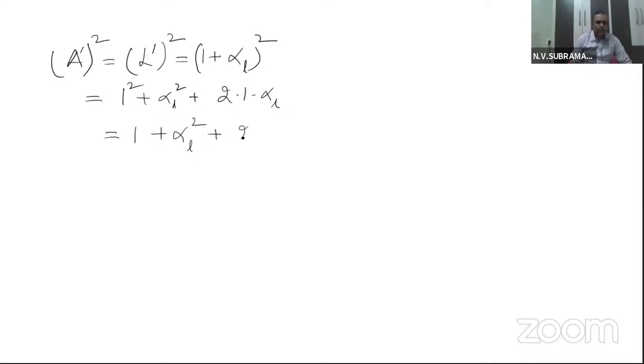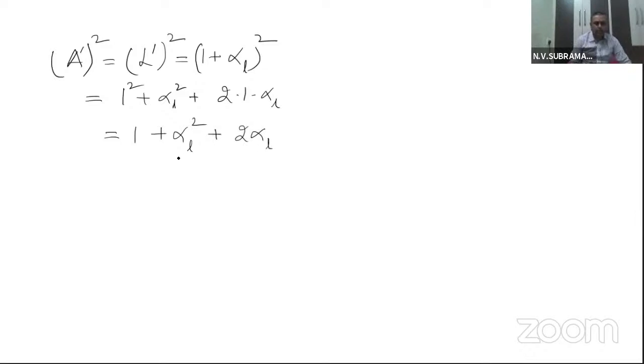That is 1 plus alpha L whole square. And this is what we wrote: 1 square plus alpha L square plus 2 into 1 into alpha L. That is 1 square is 1, alpha L square is alpha L square, and 2 into 1 into alpha L will be 2 alpha L.